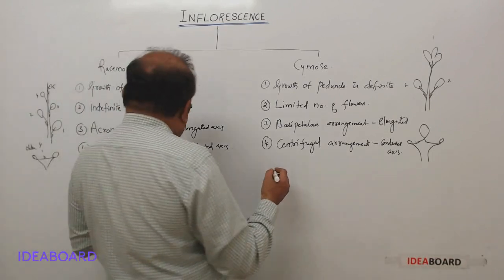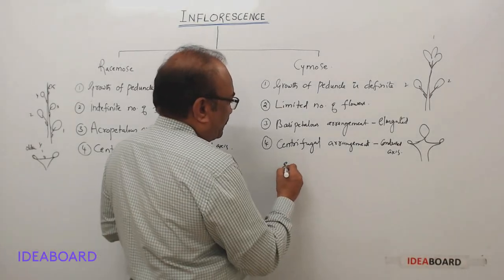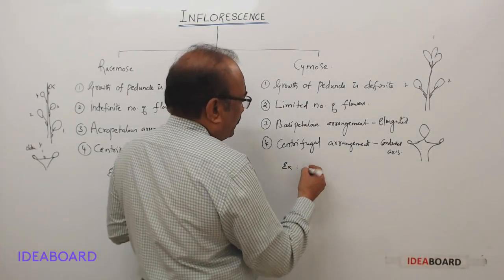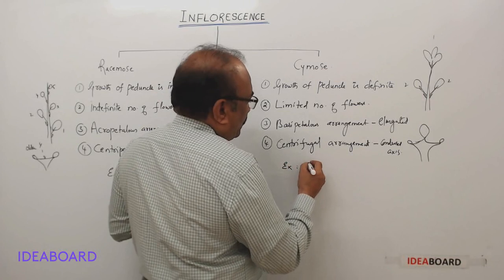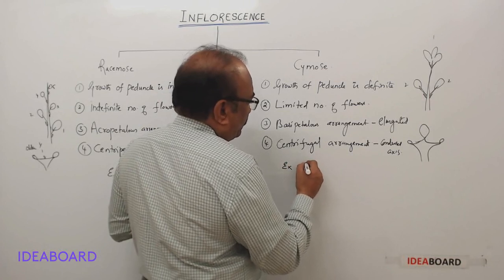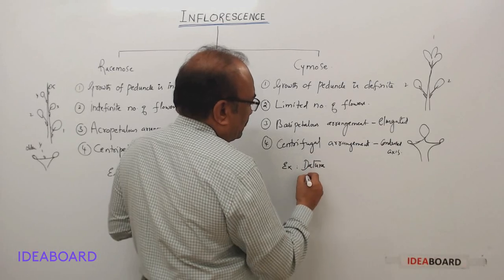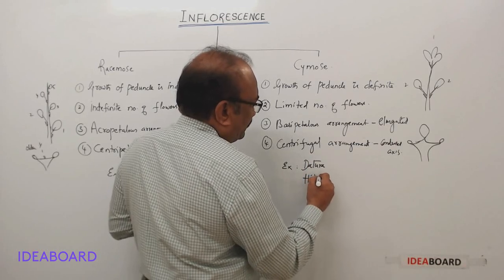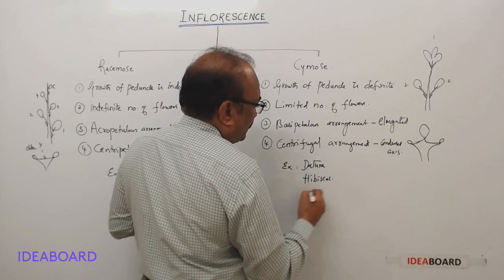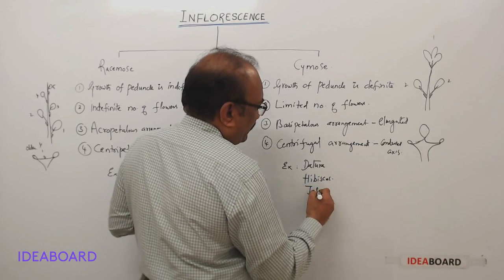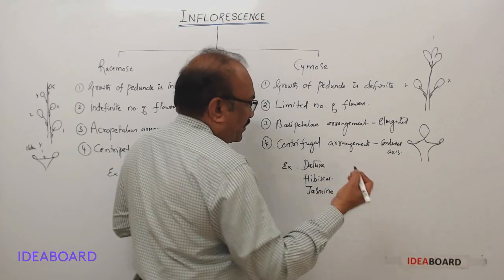And for cymose, they gave examples like datura, hibiscus, jasmine, etc.